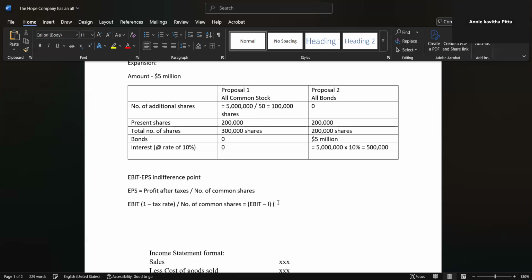On this EBT, tax is paid, 1 minus tax rate. EBIT minus I gives us EBT. EBT into 1 minus tax rate. This is the amount of profit after tax, divided by the number of common shares.